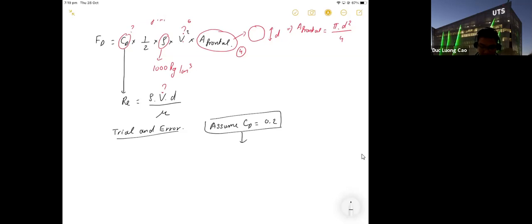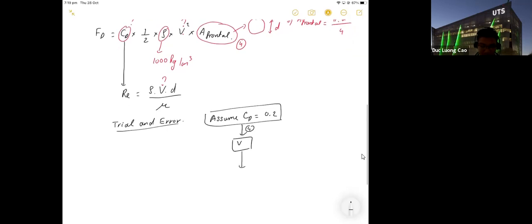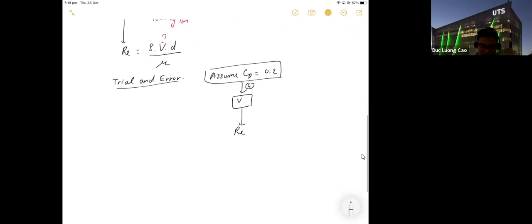Based on equation 4, you have velocity. When you have velocity, you can find the Reynolds number. When you have the Reynolds number, you get CD, and you try again.